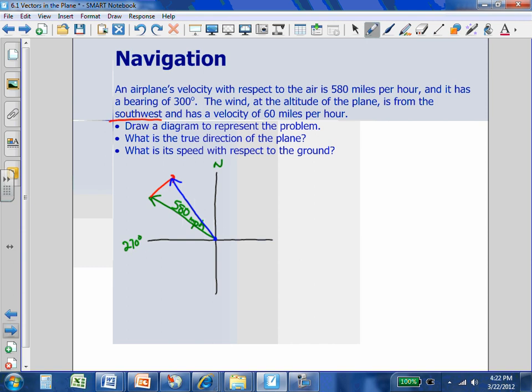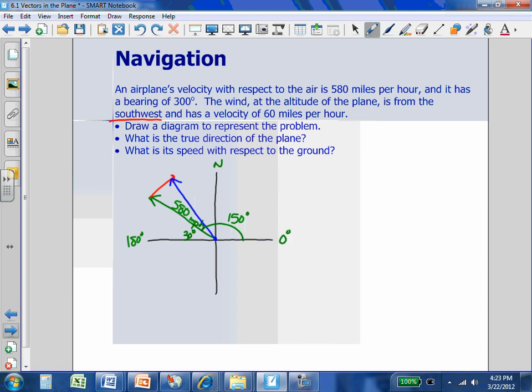One thing for this green vector, which was the airplane initially, is it's only 30 degrees off of the axis, which means that this angle here is 150 degrees. So now we're going back, shifting back into that normal mode where this is 0, this is 180, and so on.